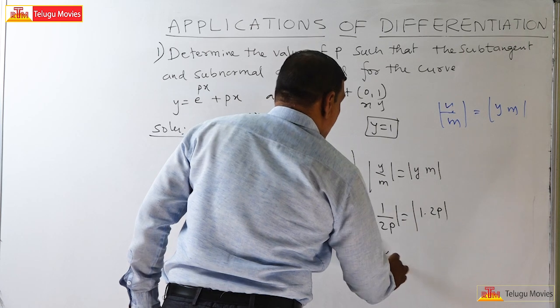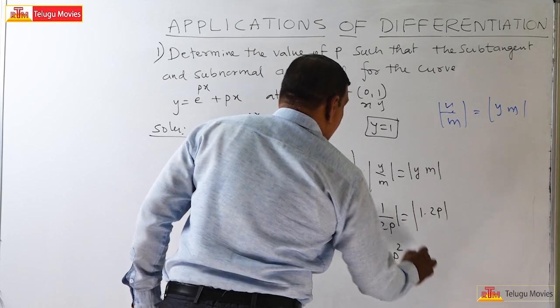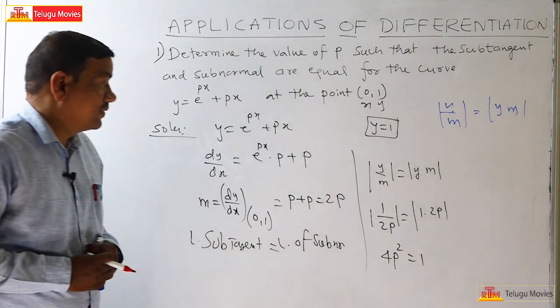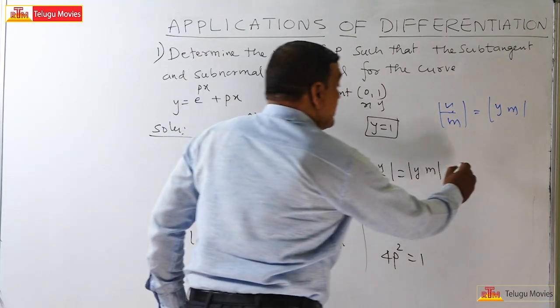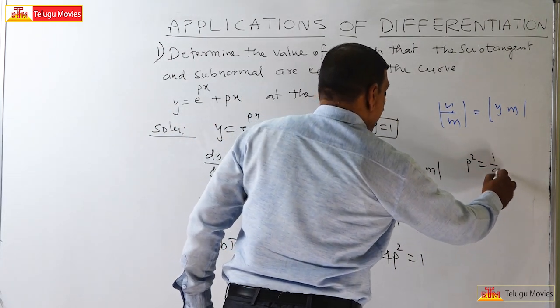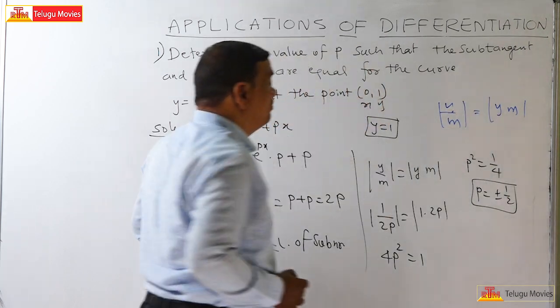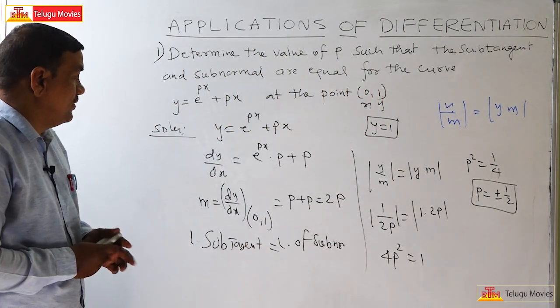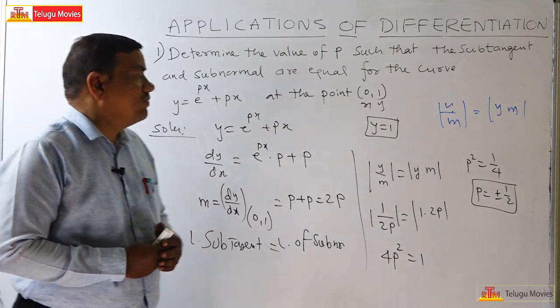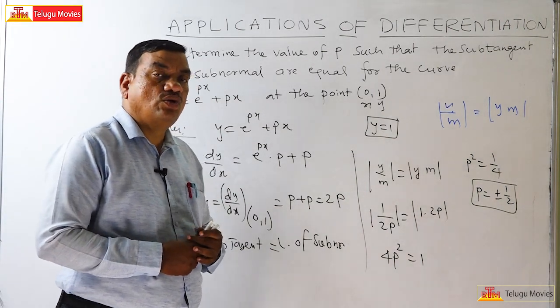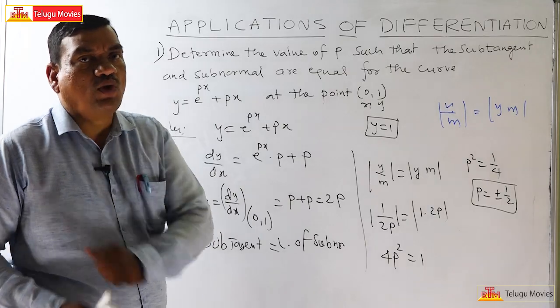So 2p into 2p, 4p square is equal to 1. From this p square is equal to 1 by 4, p is equal to plus or minus 1 by 2. So this is a very easy problem. I hope that you understand this solution. Let us move to the next problem.